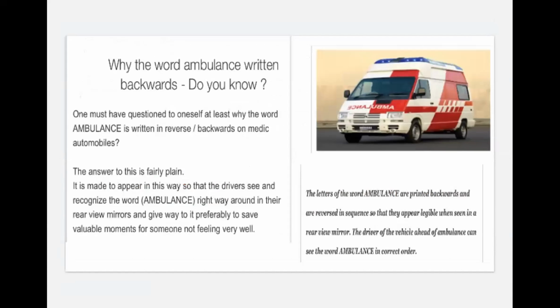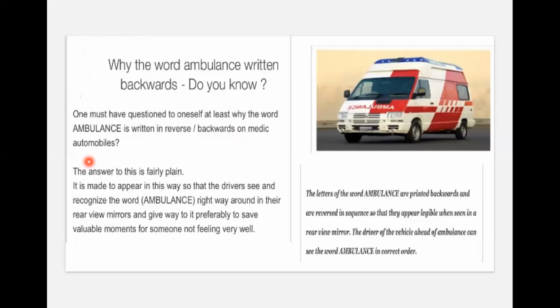Now we will see where this lateral inversion is used in our day-to-day life. Why is the word ambulance written backward? Do you know? One must have questioned oneself at least once why the word ambulance is written in reverse on a medic automobile. What is a medic automobile?